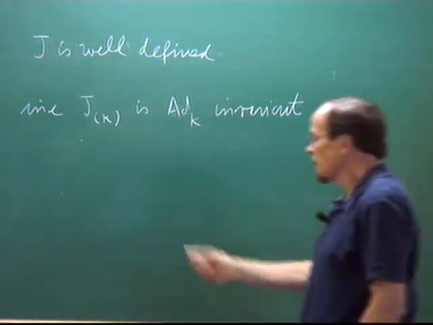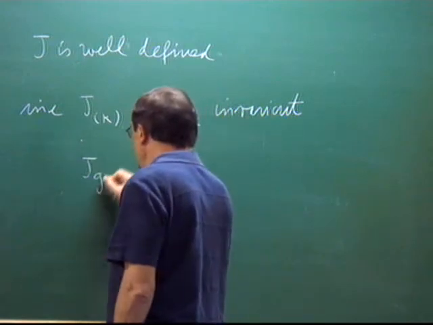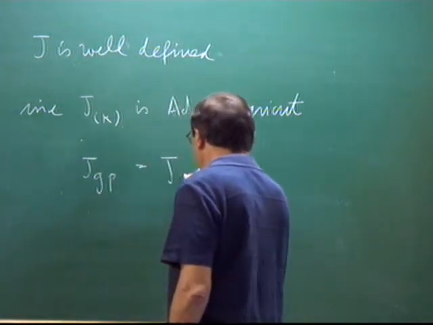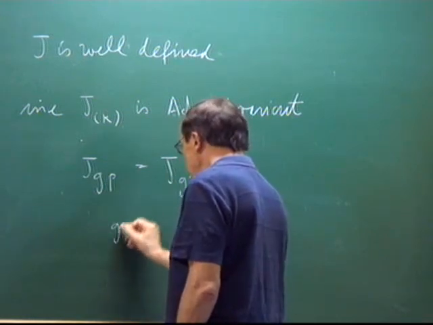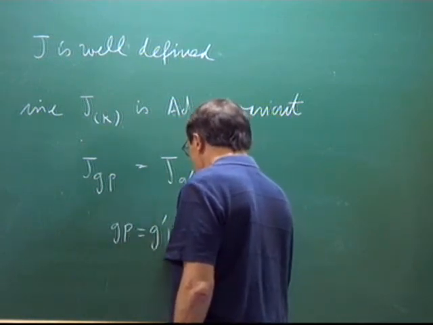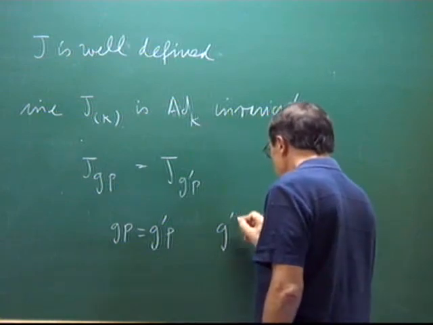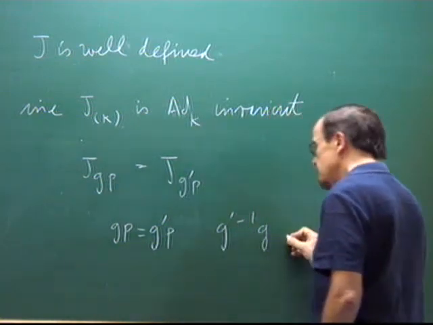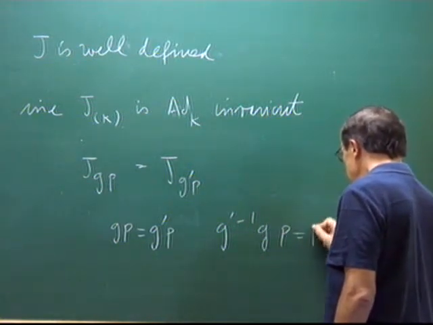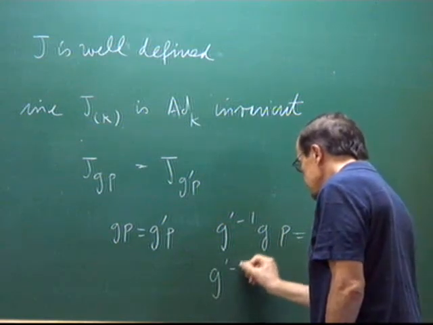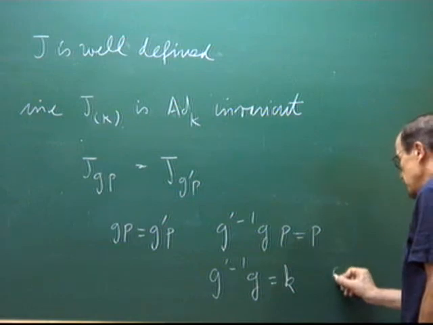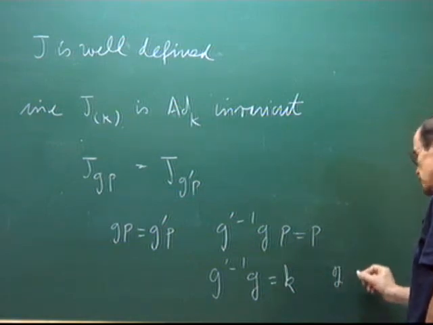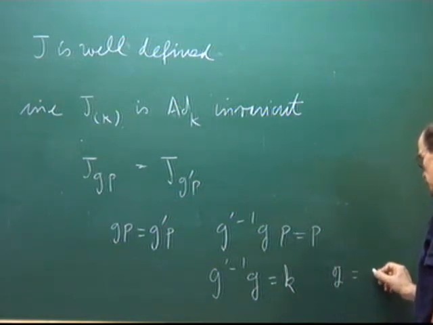Right, so if I can write J at gP as J at g prime P, possibly, if gP is equal to g prime P, right, then g prime inverse g maps P to P, so it's equal to K. So the usual argument we've seen already, right? That means that g is g prime k.